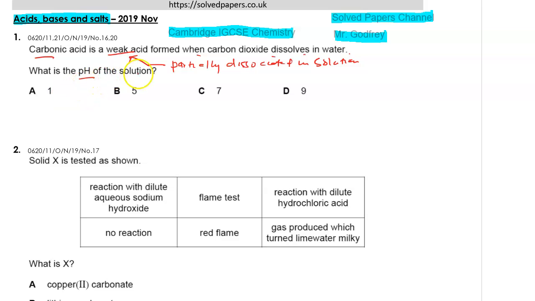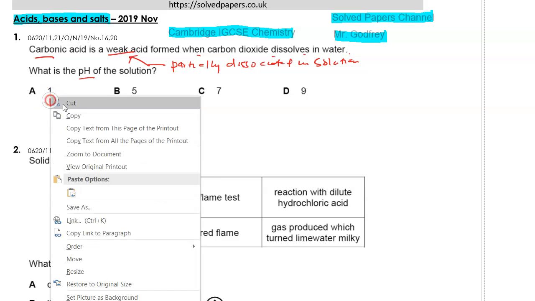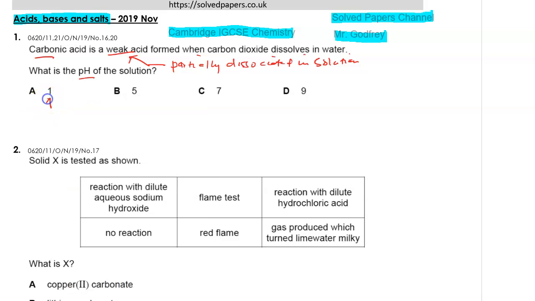Now, what is the pH of a weak acid? Of course, a pH of 1 is usually a strong acid. If an acid has a pH of 1, this is a strong acid, right? A pH of 7 is neutral, and a pH of 9 is an alkaline solution.